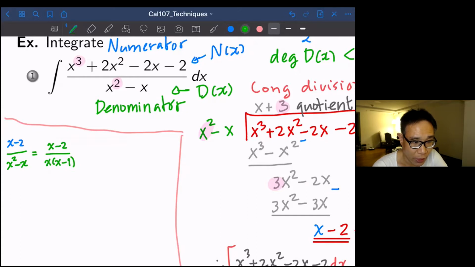And you factor the bottom completely. As you can see, you factor the bottom completely, and then you have the factors in terms of linear and linear.